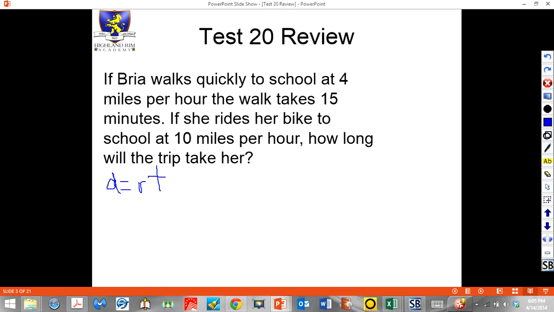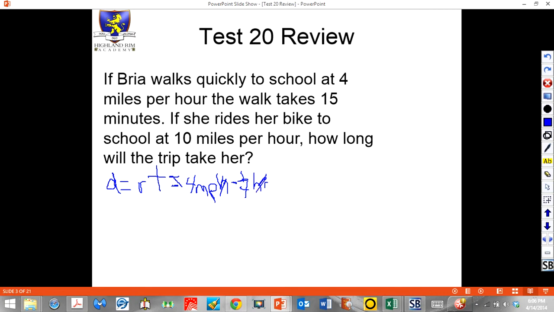In the first case, that's equal to 4 miles per hour times 15 minutes. We could keep that at 15 minutes, but for this purpose, let's convert that to hours. 15 minutes is 1/4 hour. So we can cross out hours.